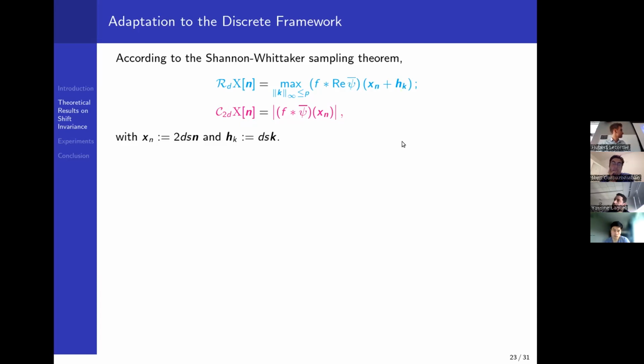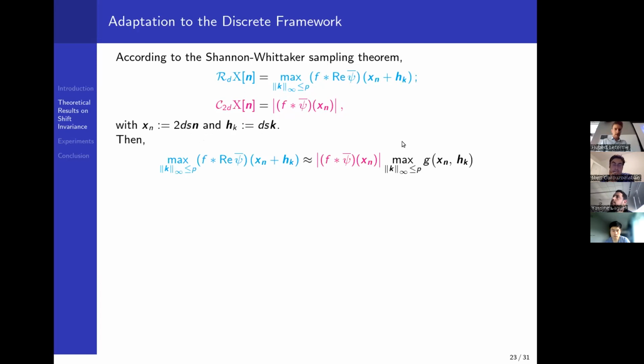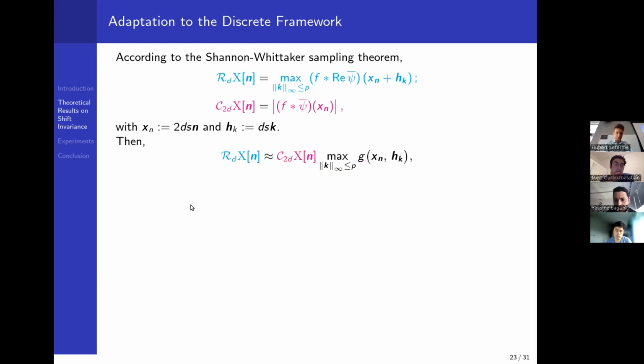And besides, using the same reasoning as before, using the low frequency property of f0, we get the following approximate result. And therefore, if we plug these equalities into this approximation, we get this formula. And we can see that unlike the continuous framework, here instead of computing the maximum value over a continuous window, we compute the maximum value over a discrete grid, with a finite number of points.